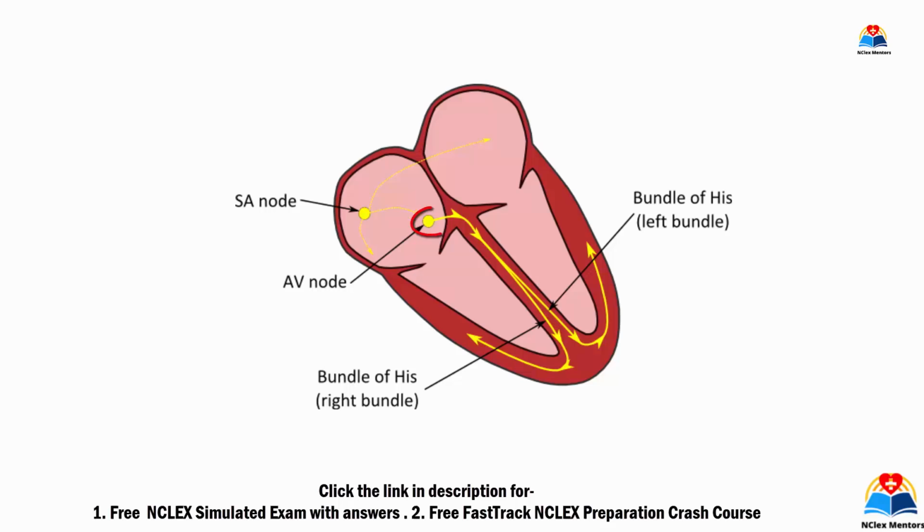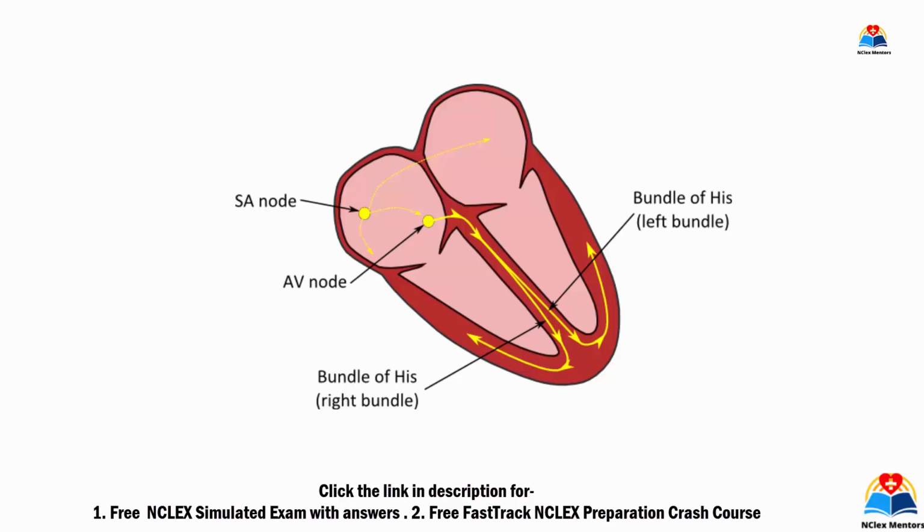Next, somewhere in between the right atrium and right ventricle, there is the AV node, which is also called the gatekeeper, as it receives signals from the SA node. The signal from the SA node is transferred to the ventricle to contract.